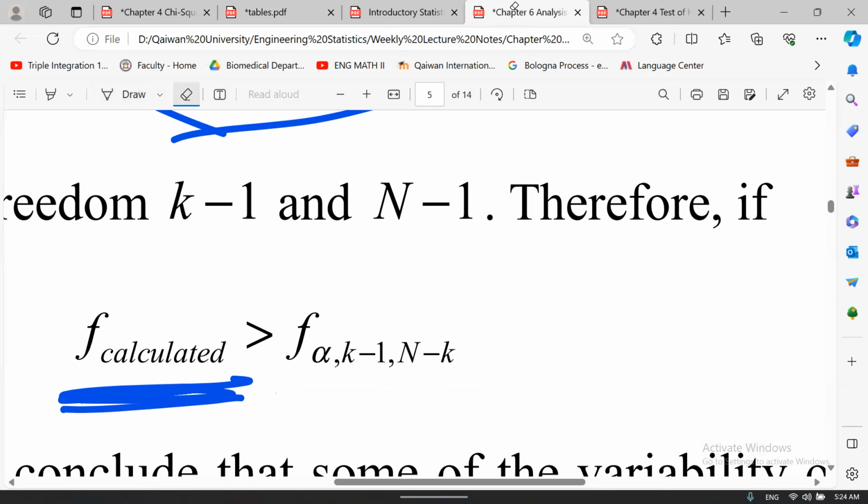You cannot change these two places. Never do this. You must write down alpha, then k minus 1 first, and then n minus k. Okay? If you interchange their places, you'll get a wrong answer. Okay?